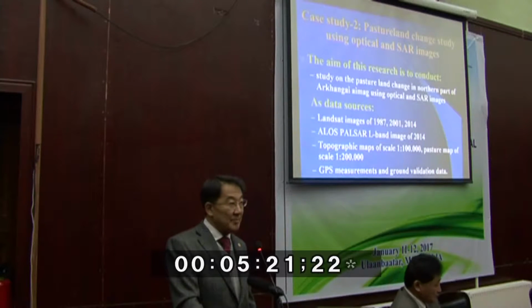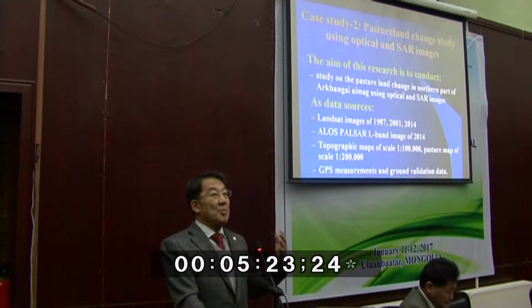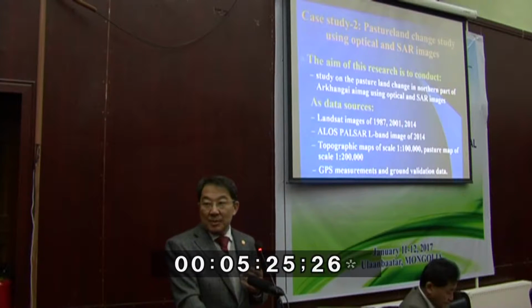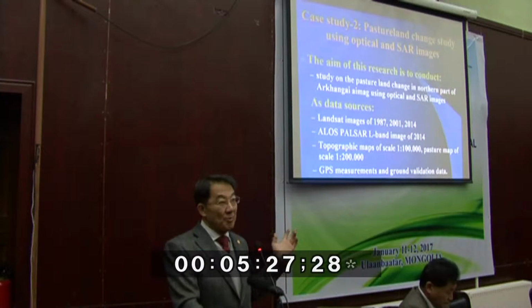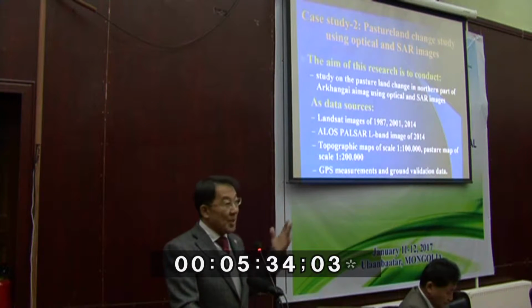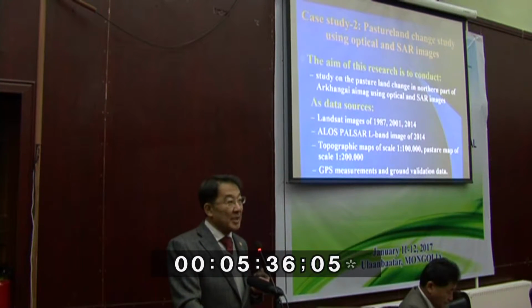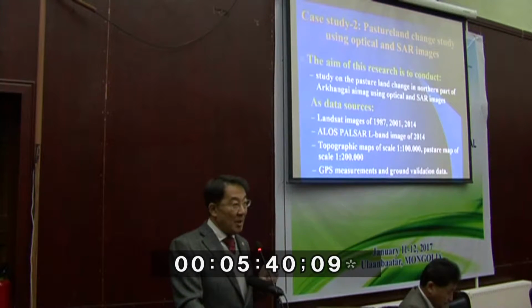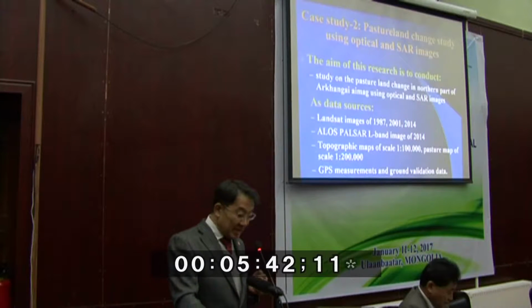Now let me talk about our second case study entitled Pasture Land Change Study Using Optical and SAR Images. When we combine optical and SAR images, mainly we talk about multi-source data sets followed by processing and analysis, and that's why this case study can be called a pasture land change study using multi-source data sets.